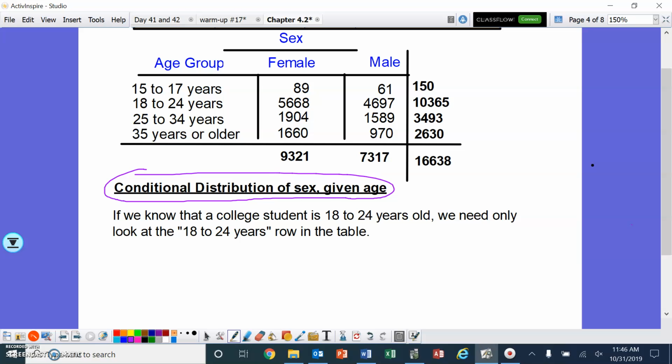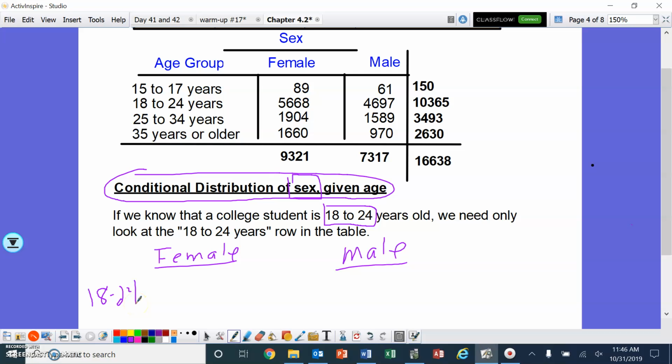So if we are interested in just this age group, okay, that's our condition, 18 to 24-year-olds. So we're going to go ahead and look at the female, okay, because we're separating them. It says conditional distribution of sex given age. So we're going to look at the female and male, and we're going to look just at that age group.